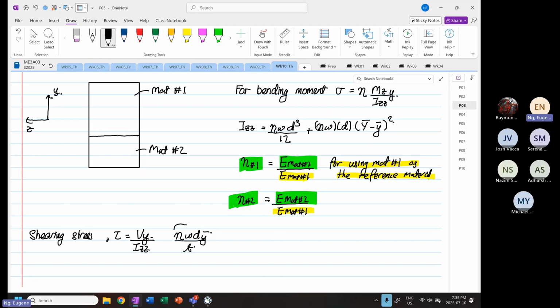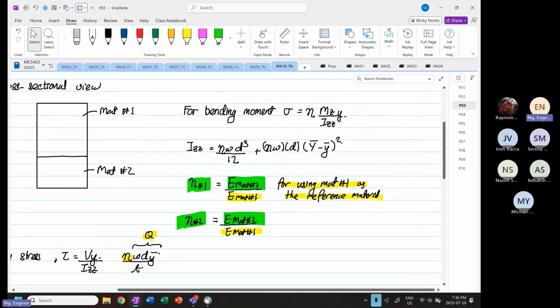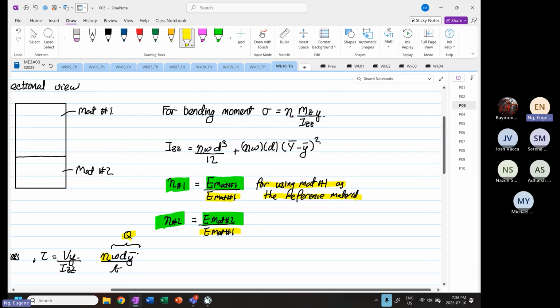And this term over here, as you can see, is for our Q. Okay, so we incorporate the n over here into the first moment of area, whereas in bending, you just need to put the n down here.